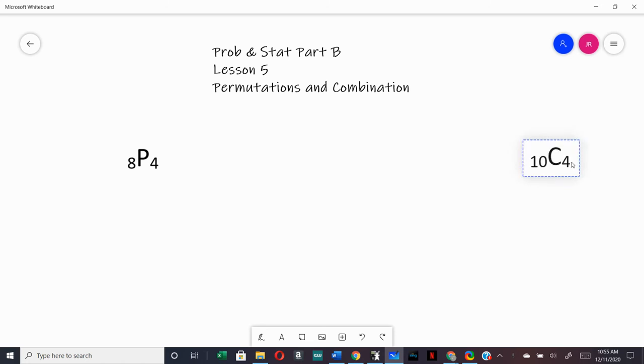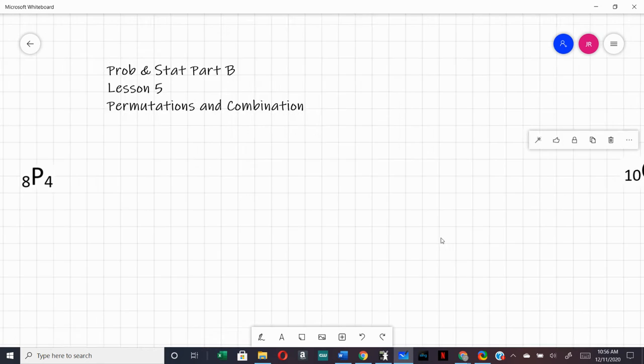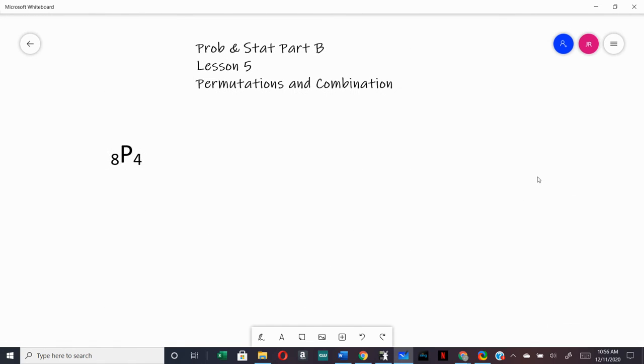Out of the way, we'll talk to you in a minute. So for the permutation, the rule for the permutation is to take this. We're going to do 8 factorial divided by 4 factorial.